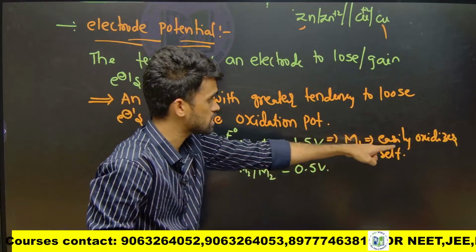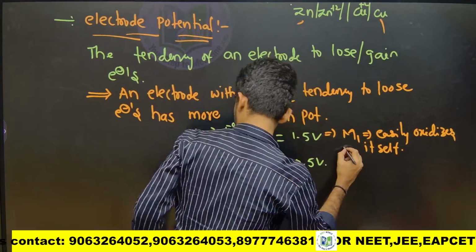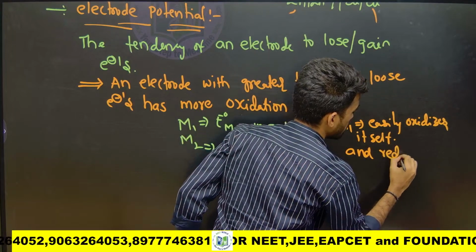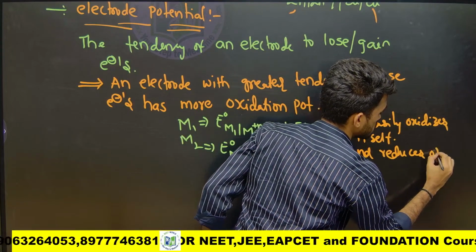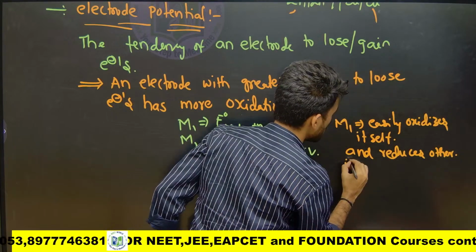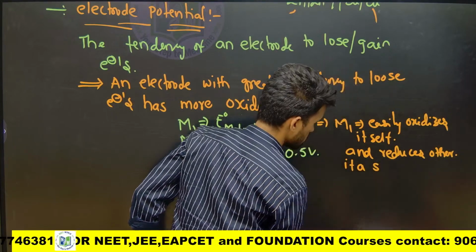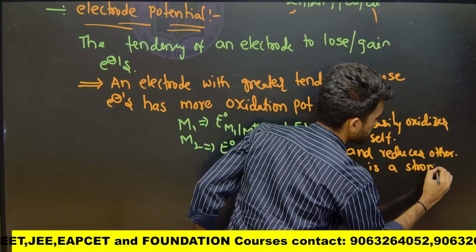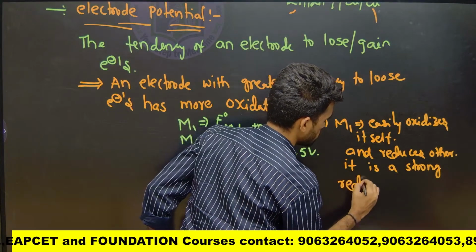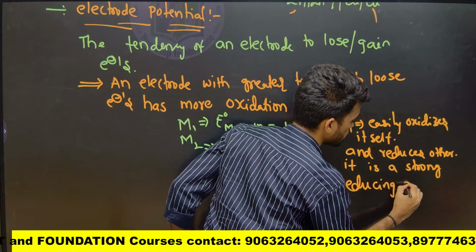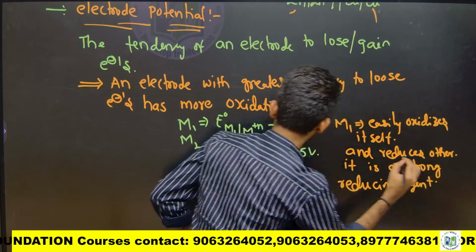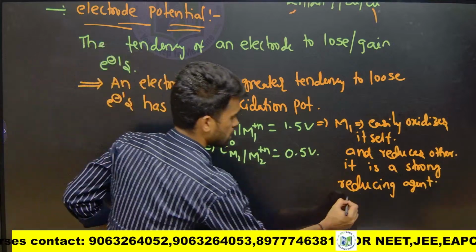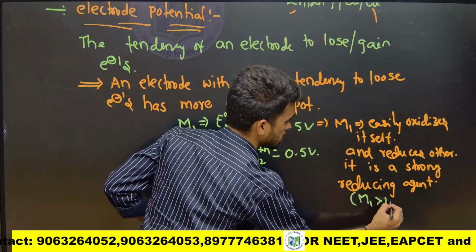So M1 oxidizes itself and reduces others, so it is a strong reducing agent. Hope this concept is clear. Out of M1 and M2, which is the strong reducing agent? M1.